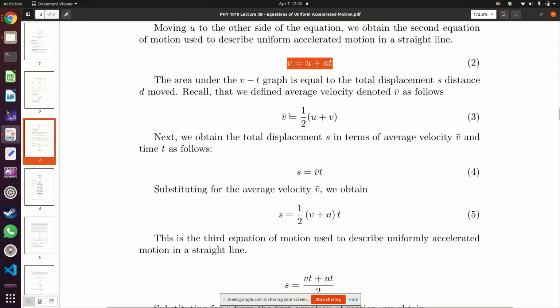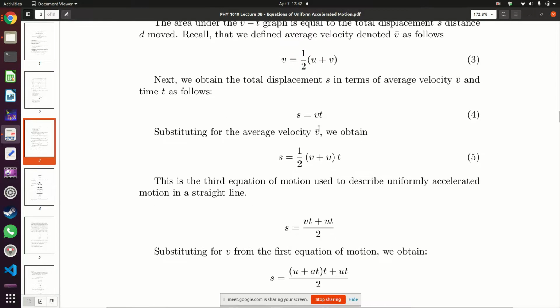Then later on, from the definition of average velocity, which is equal to half u plus v, we worked out what the displacement is going to be. s is going to be the average velocity multiplied by the time, and this gave us this expression. It's a very, very important, quick way of finding out what the displacement is. So if you know the initial velocity and the final velocity, you add them, you multiply by half, you multiply by t, you get yourself the displacement.